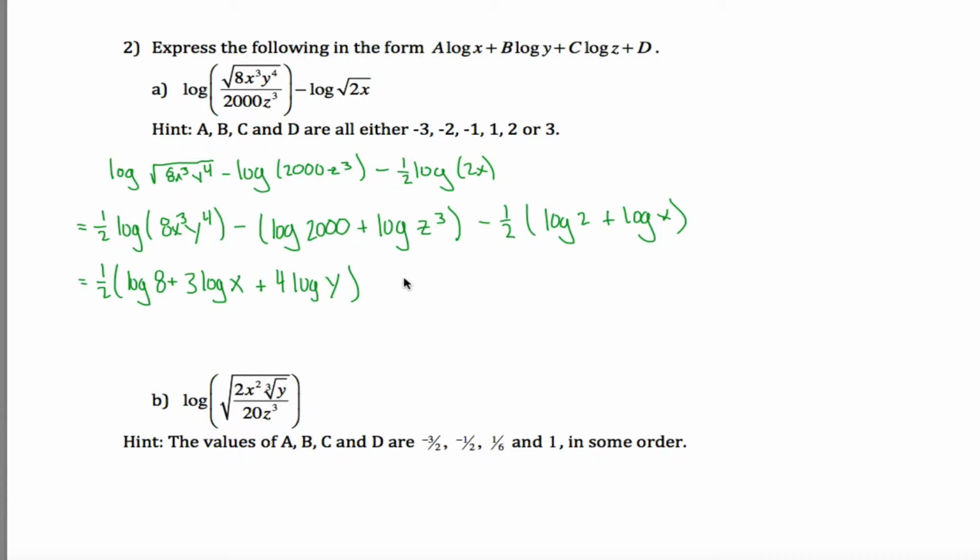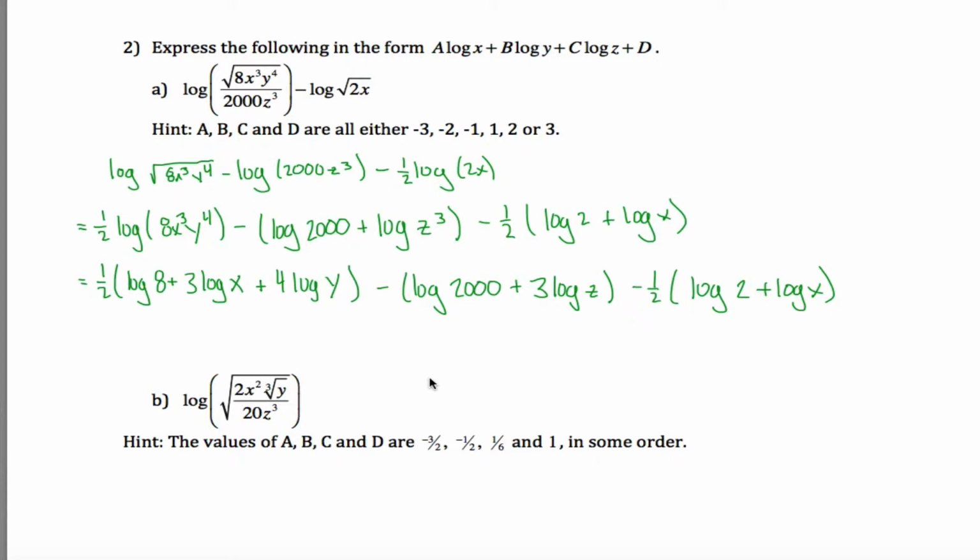And then I can take this negative and distribute it through, well, I'll do that in the next step. Log 2000 plus, maybe I'll bring that exponent down while I'm here, plus 3 times the log of z. And here there's not a whole lot I can do except distribute that 1/2. I'm going to do that in the next step. So I'm just going to go ahead and rewrite all that.